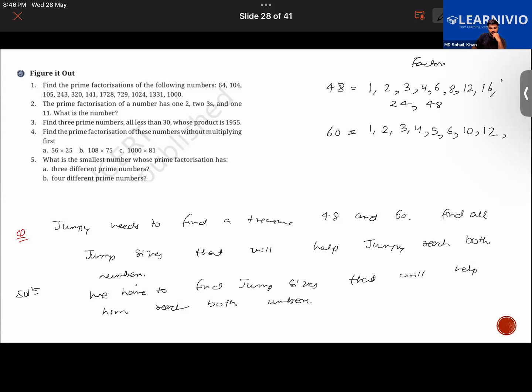Next, Nafis, you mentioned 13. 13 fives are 65 and 13 fours are 52.